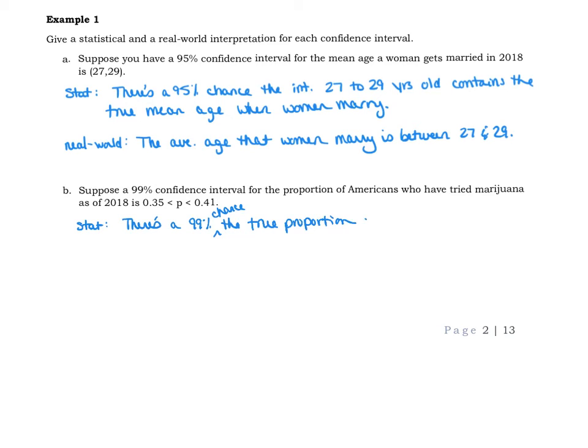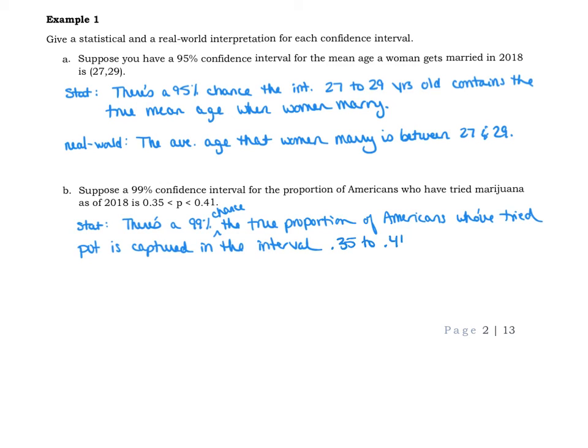The true proportion of Americans who've tried marijuana is captured in the interval 0.35 to 0.41.